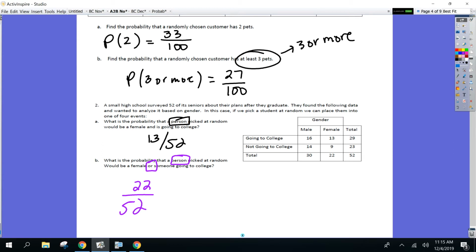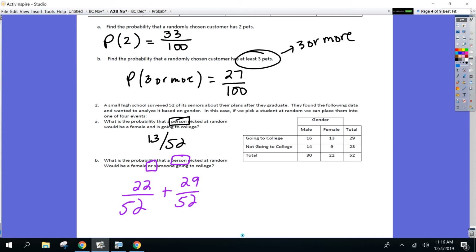What do I do with the ors? Okay, so plus. Now I'm looking for what now? Going to college, which is, according to the chart, how many total are going to college? 29 out of 52. But what, Jenna? We need to subtract 13.